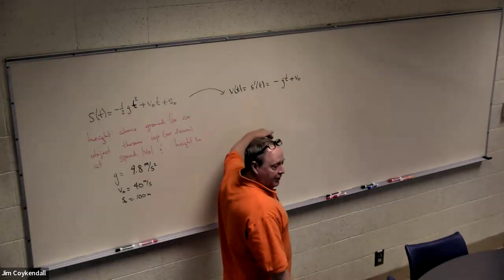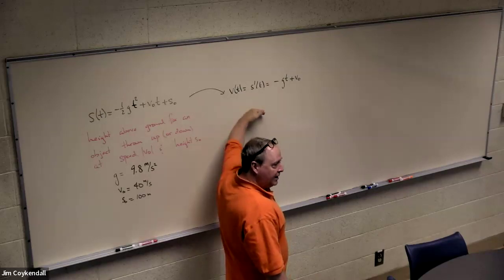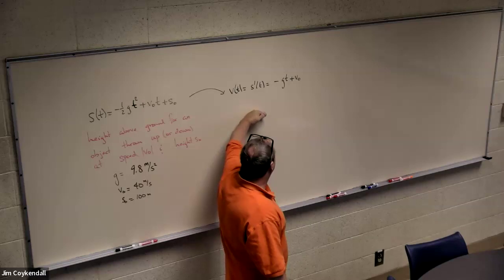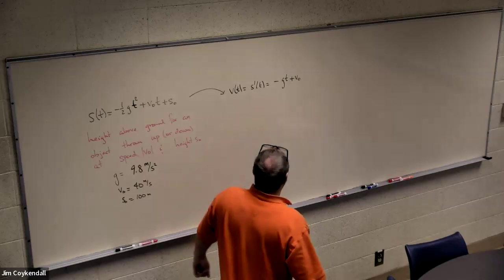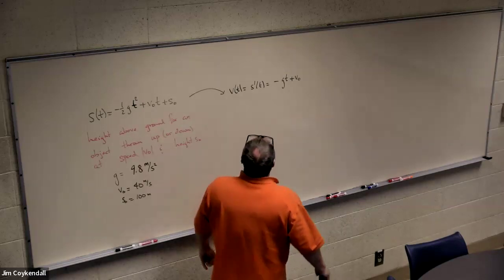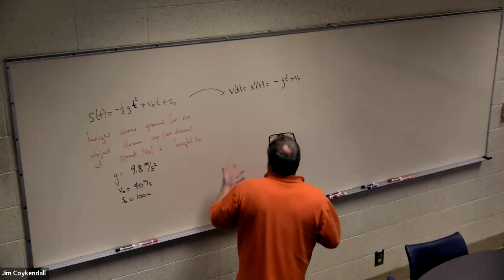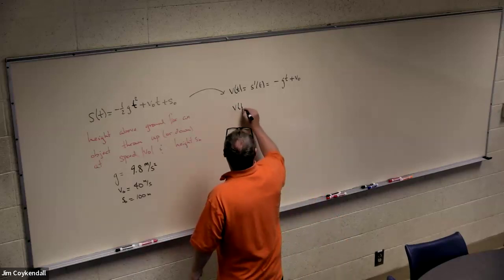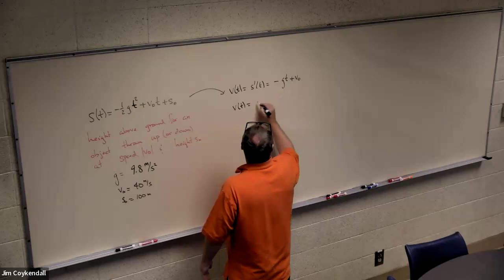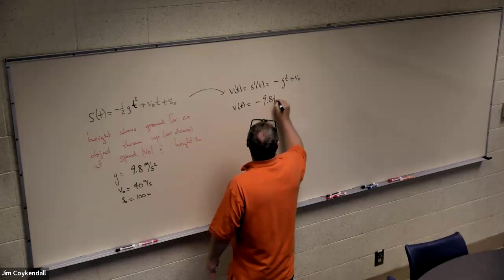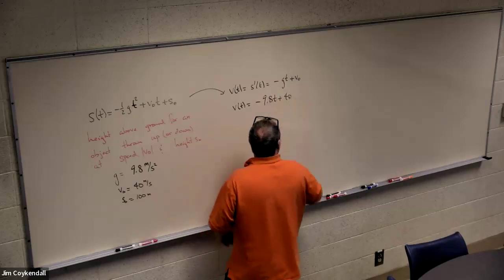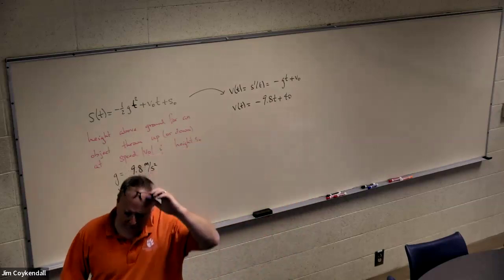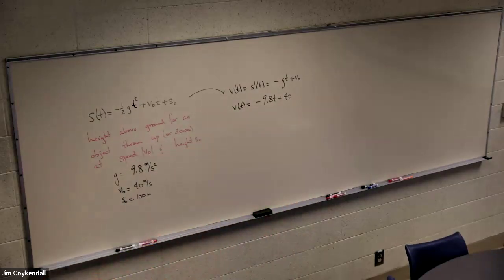We're sort of doing this in reverse. Last time we derived this using antiderivatives; we started at g and we got gt plus s0 and so forth. So what the book should say, I guess, is minus 9.8t plus 40. Right? Because that's what we got.